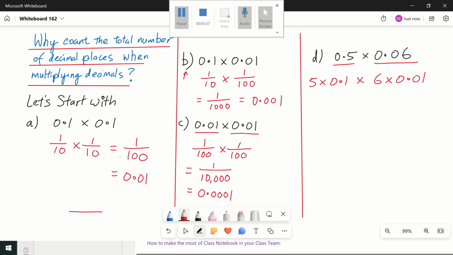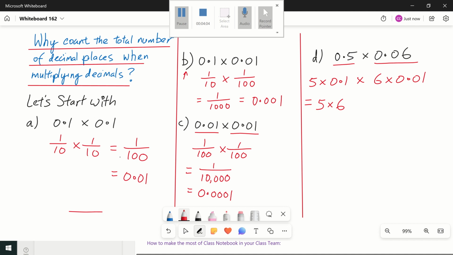As you know, in multiplication, you can swap the numbers without affecting the result. So what I'm doing here now is putting the whole numbers next to each other. That's 5 times 6. So that's literally just multiplying 0.5 and 0.06 without due regard to where the decimal points are. We're just multiplying them as whole numbers.